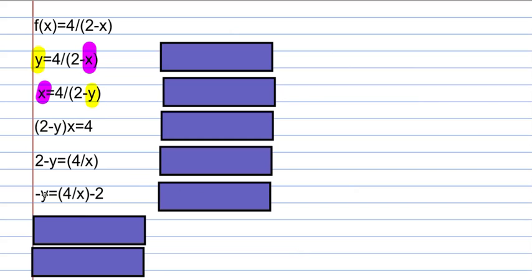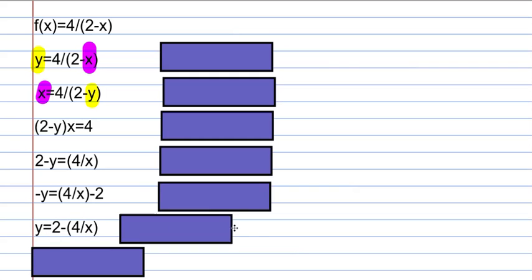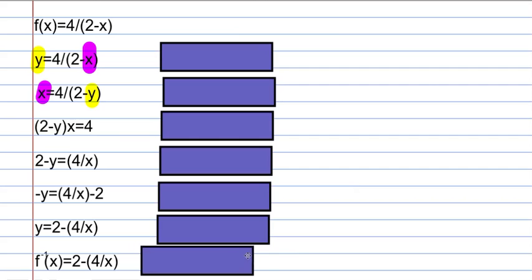As you can see, we've kind of solved for y, but it's actually negative y equals. So we need to multiply through by a negative 1, which will get us the answer that we need, which is y equals 2 minus x divided by, or 4 divided by x. So let's put in our inverse notation, and we're good to go.